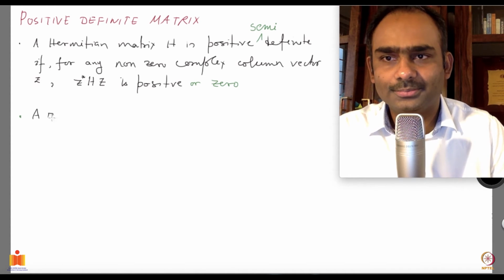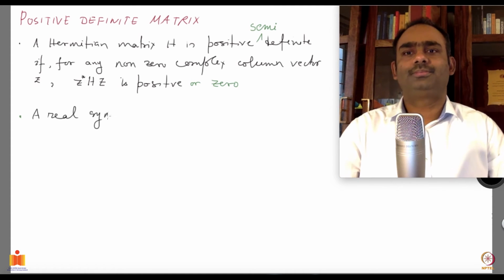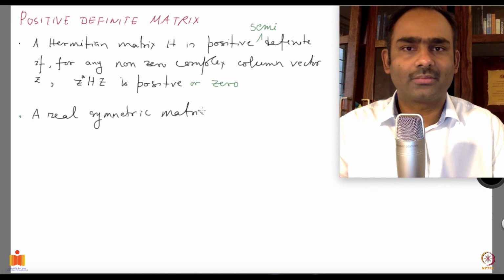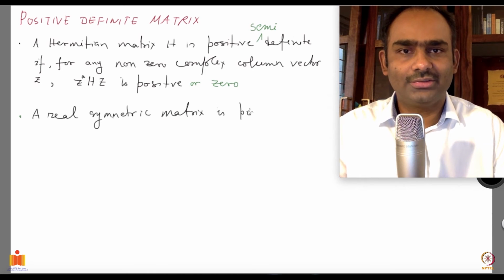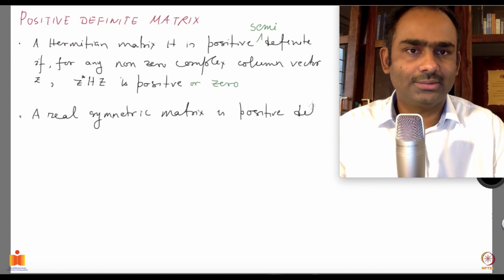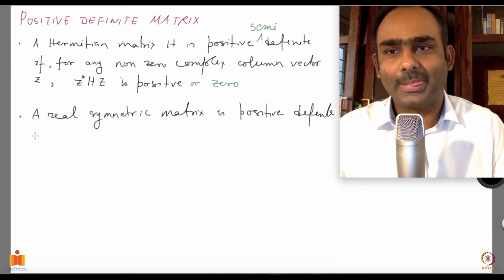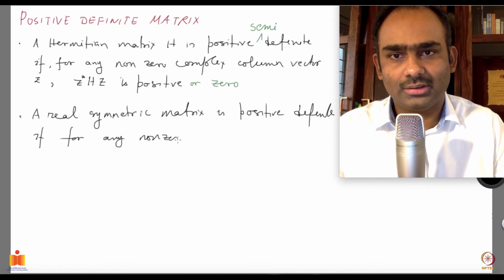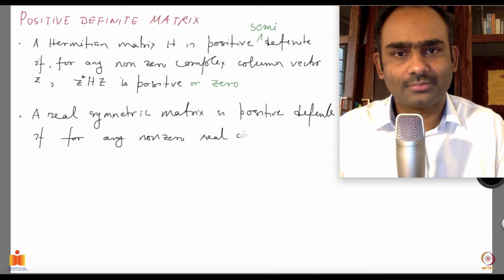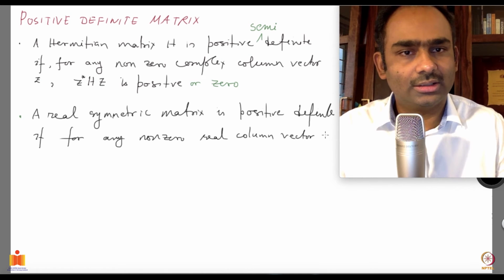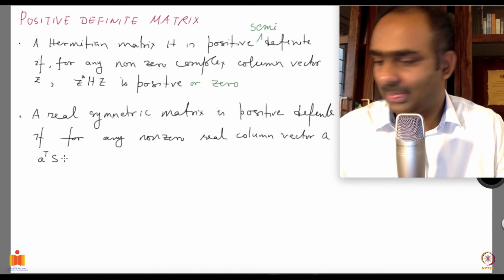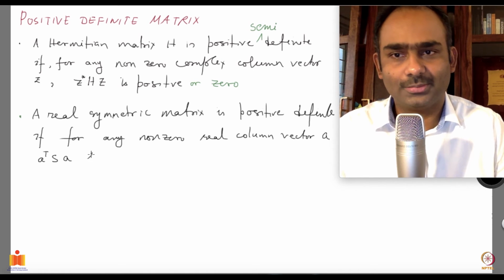A real symmetric matrix is positive definite if for any non-zero real column, let's call that column A, you get A transpose S A as positive.